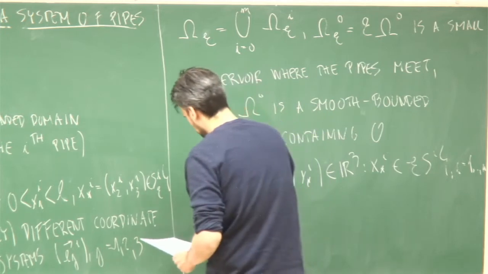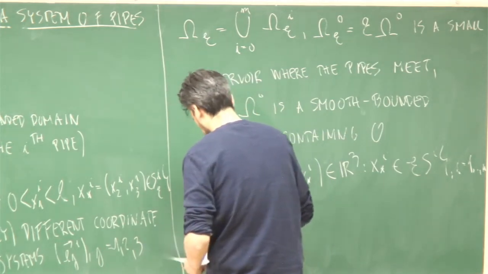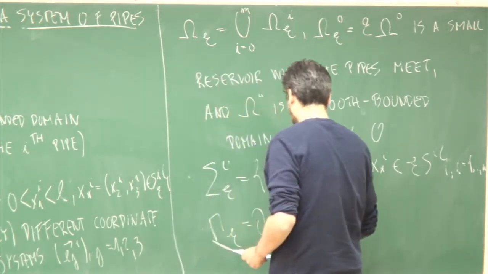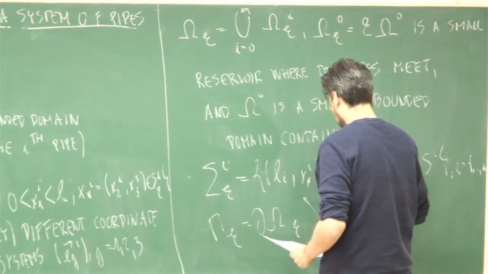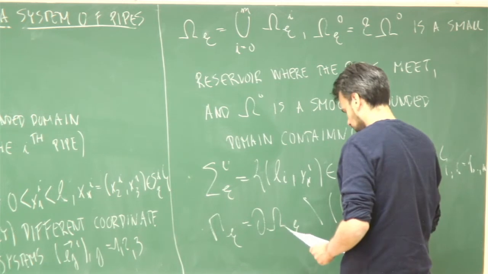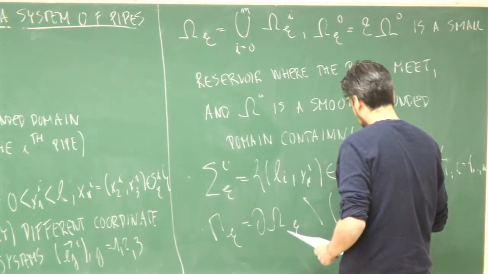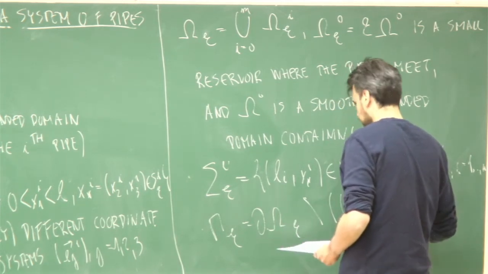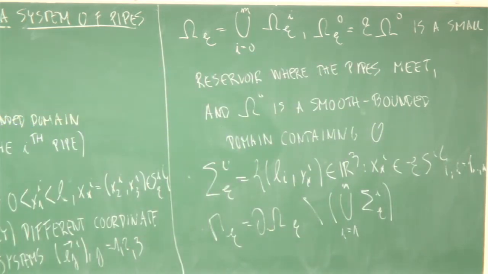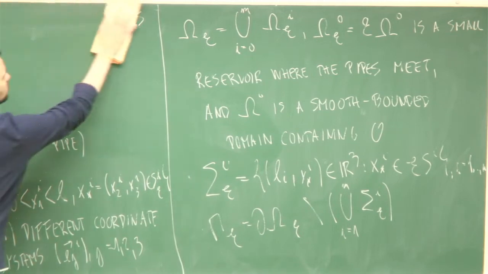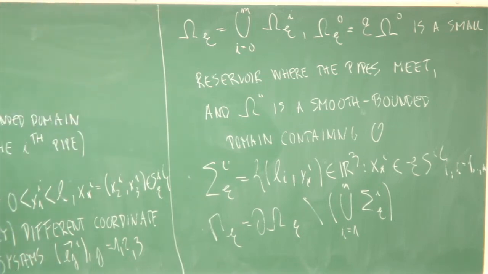The lateral boundary, basically, will be the boundary of omega epsilon without the ends of the pipe. Okay, so this is more or less what we had before. But now we have a bit of a different system.